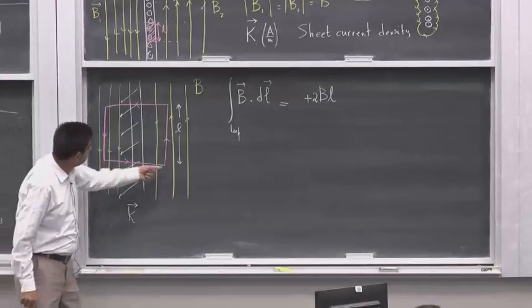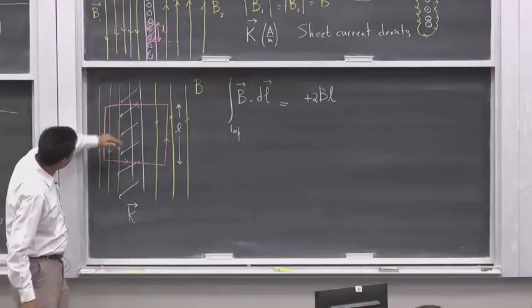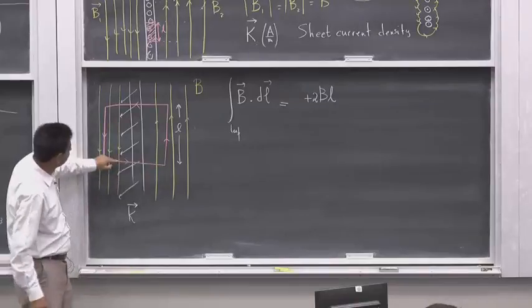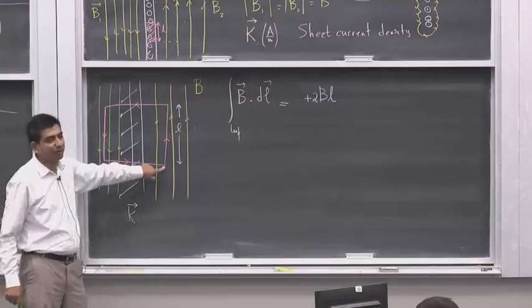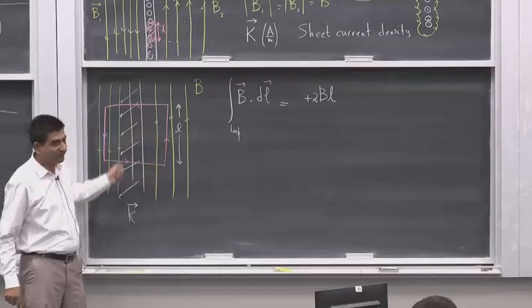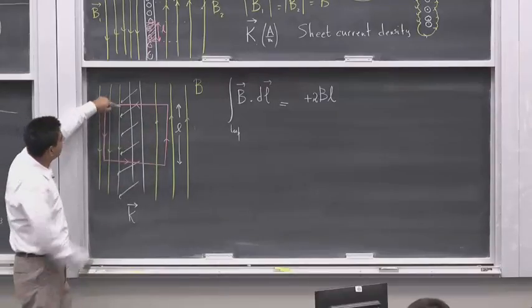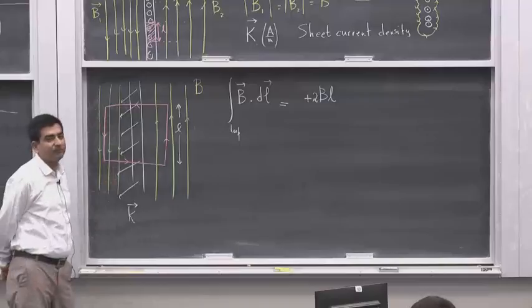Now, along this section, the field lines are all normal to the direction of traversal. So the local dot product is 0. So along this section, the dot product is locally 0 everywhere, and here it's 0. So I do not get any contribution from these paths.